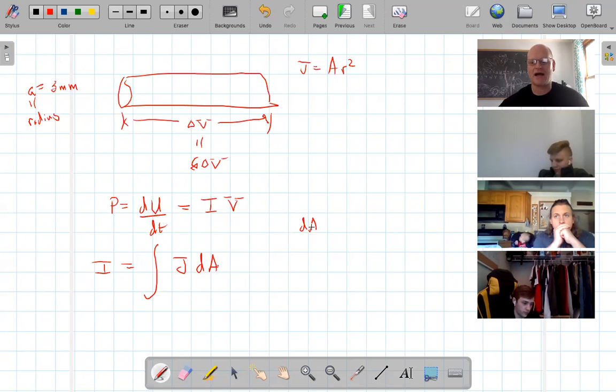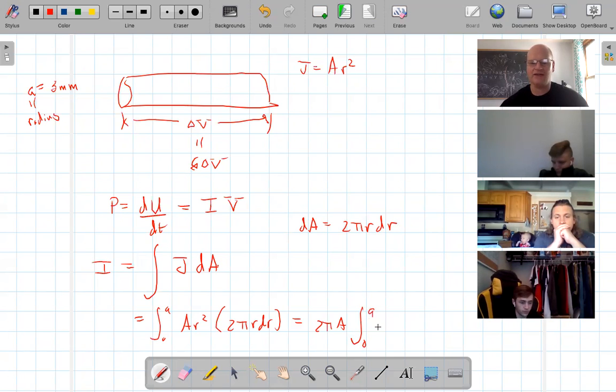As we talked about last time, the differential area is going to be 2 pi r times dr. So we integrate from 0 to A of J, which is A times r squared, times 2 pi r dr. So this is equal to 2 pi times A times the integral from 0 to A of r cubed dr. What's the integral of r cubed dr?